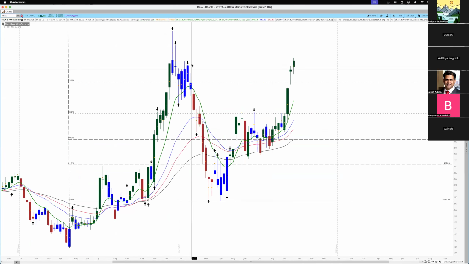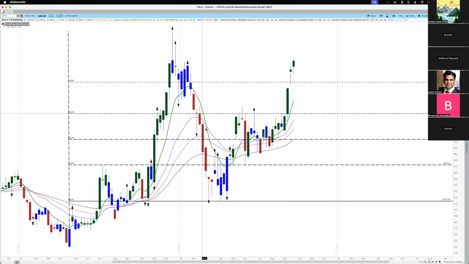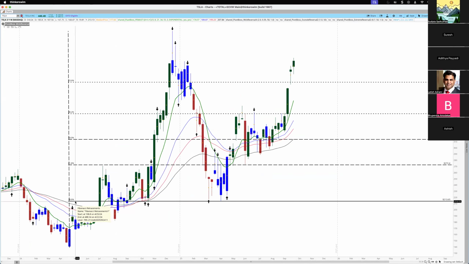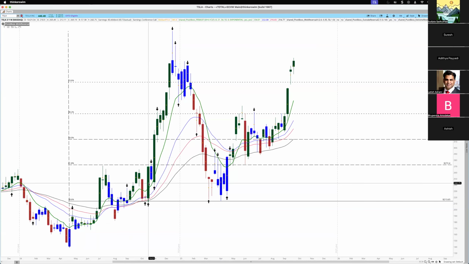It went up so much, came back down, and exactly rejected at 78.6%. So these two levels, 78.6 and 61.8%, are crazy levels. There is a super high probability that if price drops within this range, it will bounce back. It will not be able to sustain a very long time in that zone.